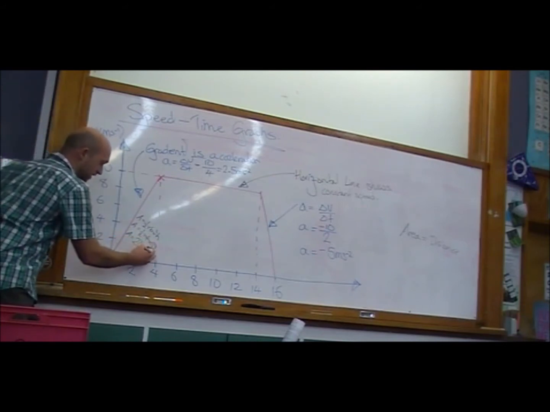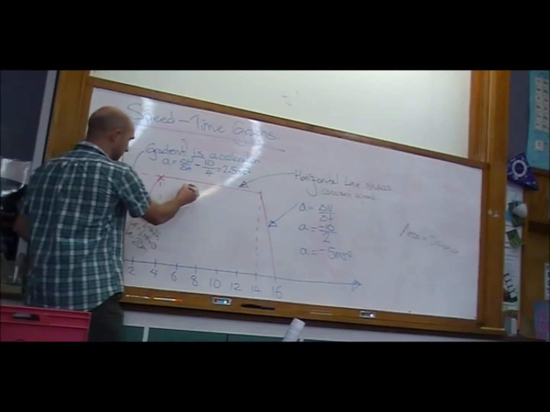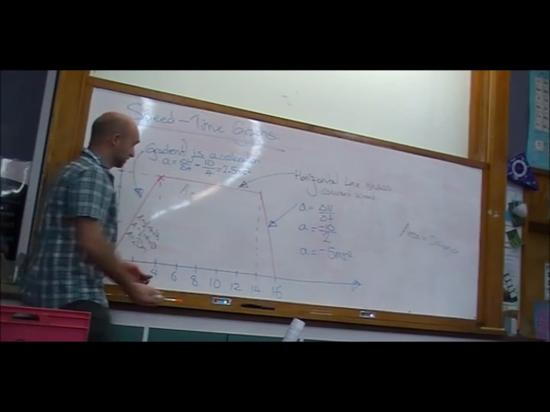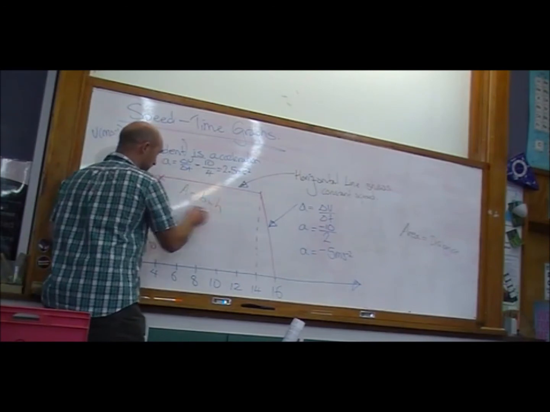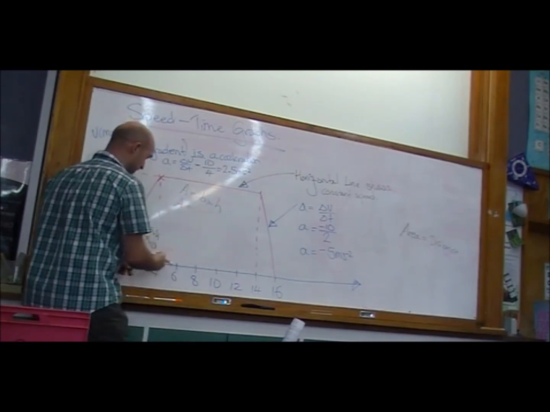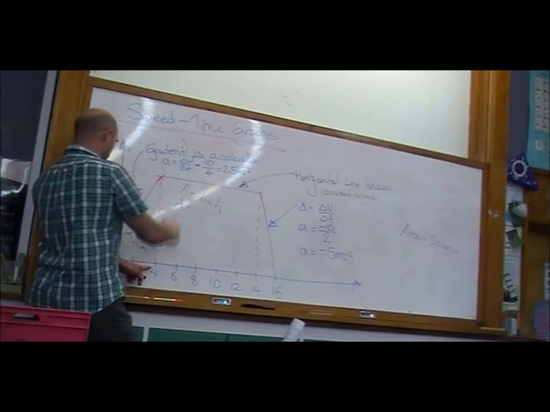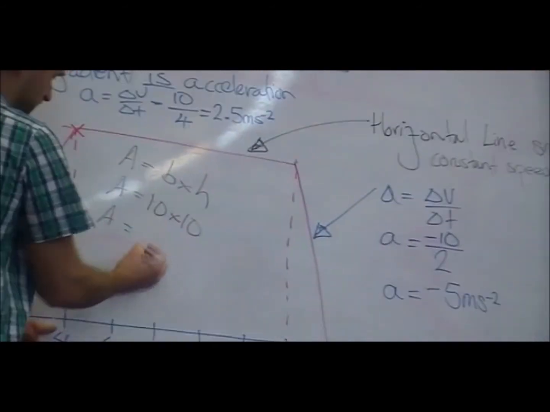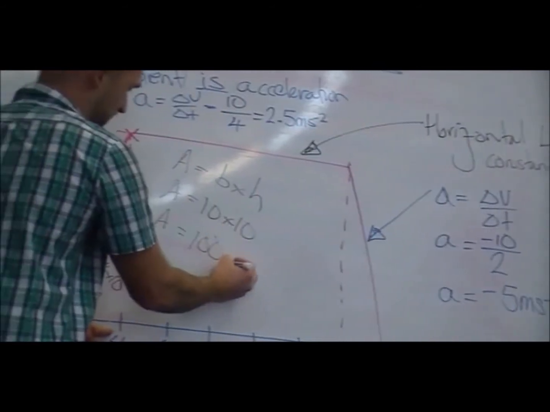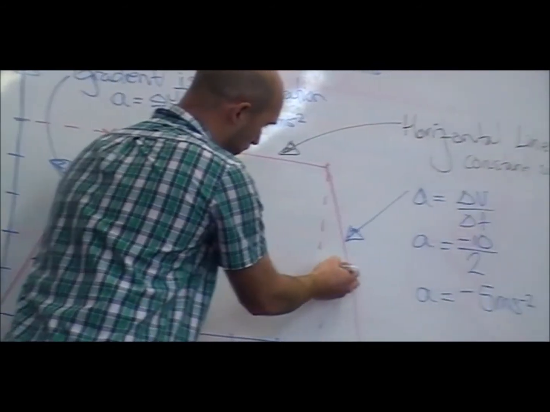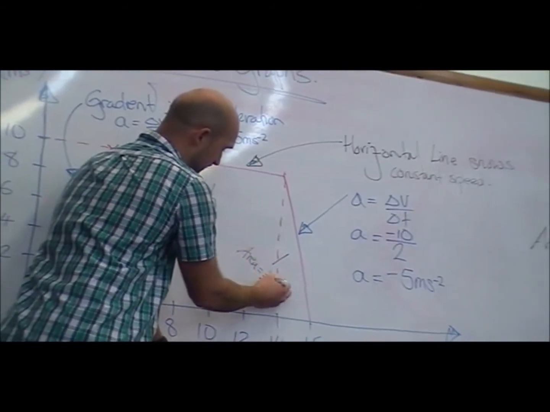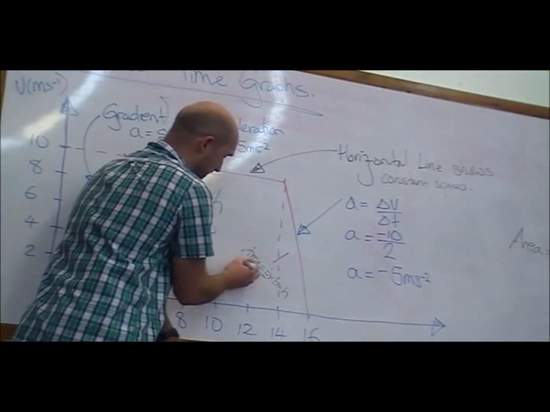So 20 metres. And then in our second part, area, kind of like an oblong, isn't it? Base times height. Area is 10 times 10. How far is that distance? 100 metres. And our third wee triangle here, area is half times base times height.